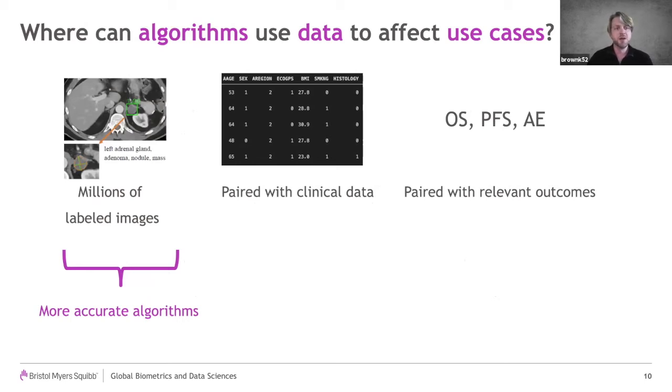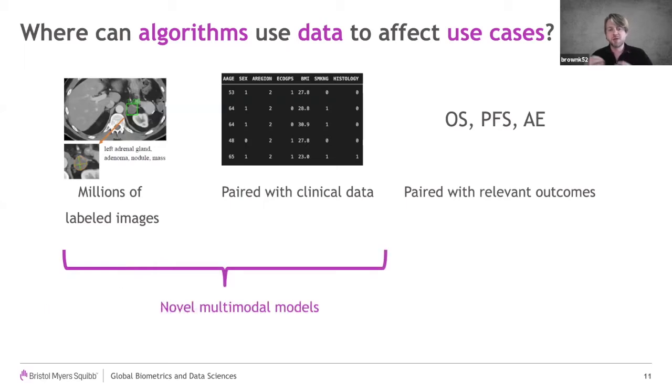So the obvious thing is that with millions of labeled images, you can build more accurate algorithms. Time and time again, we know that data is king when it comes to machine learning. If you take one algorithm and you add more data, you will typically, depending on the quality of that data, do much better without making any other architectural changes. What you can do with those more accurate algorithms is you can use them and expand them into novel multimodal models.